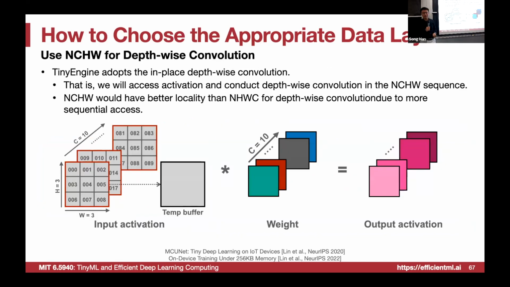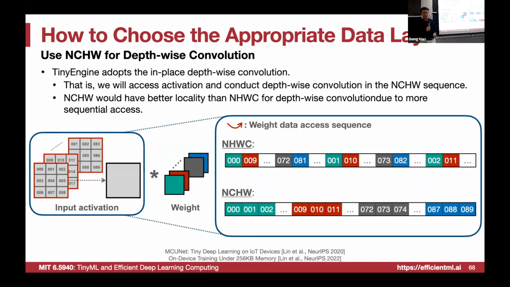What about depth-wise convolution? Actually, the result is different, since each channel is independent, right? So if we're using the NHWC format, the 0, 0, 0, 0, 1 corresponding to the first kernel are actually not contiguous in the memory, which is pretty bad.